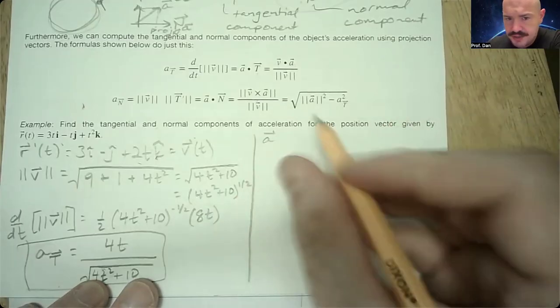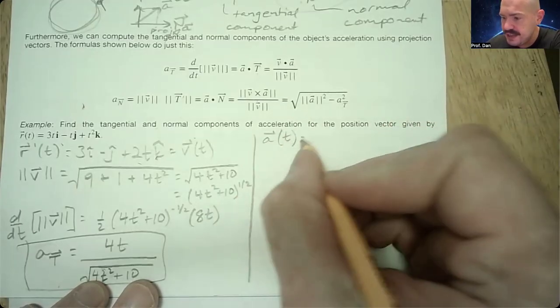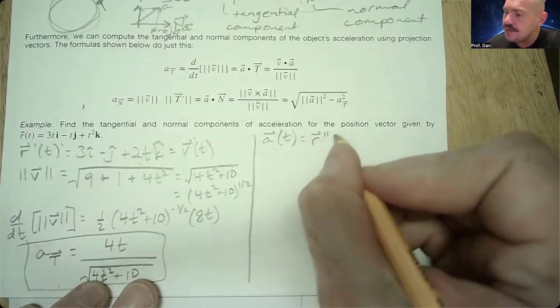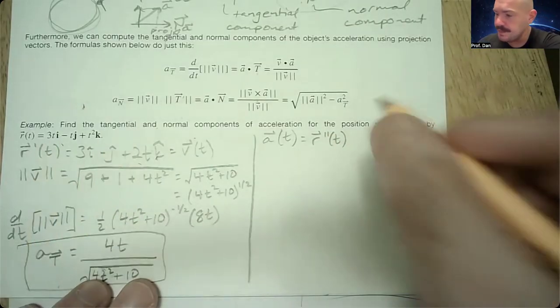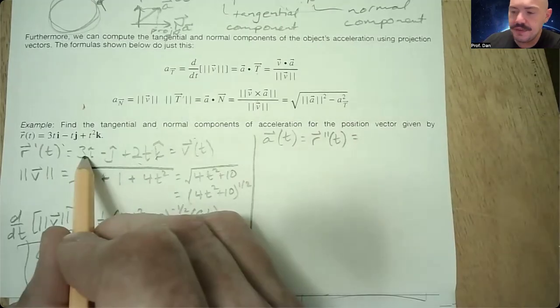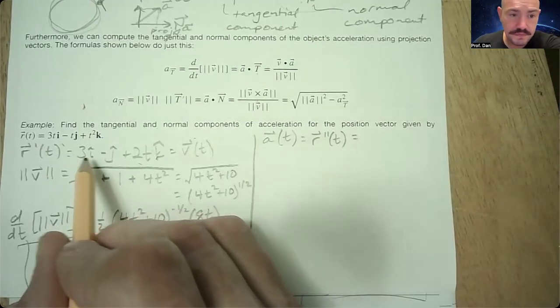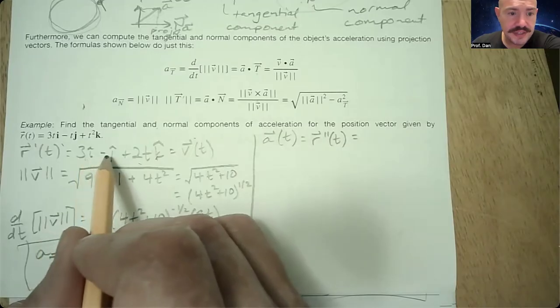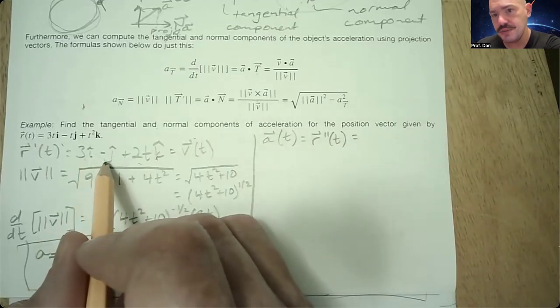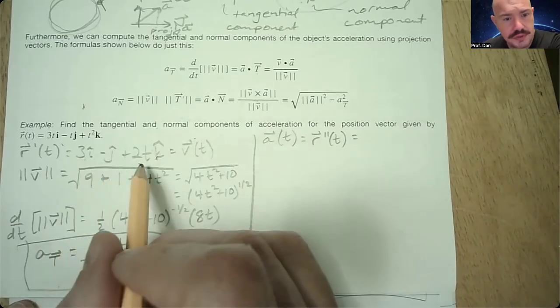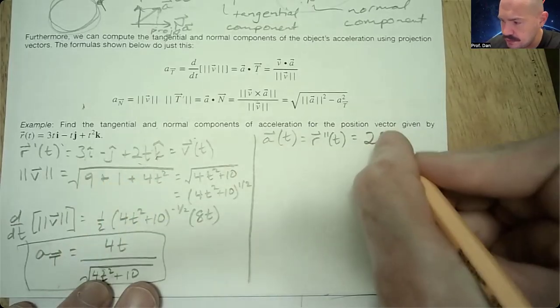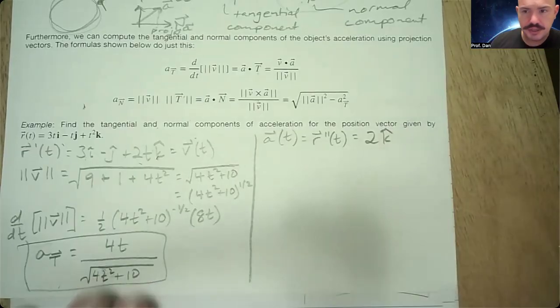The acceleration vector as a function of t is going to be the second derivative of our position. So if I take the derivative of 3, that's 0. So there's no i component. If I take the derivative of -1, also 0, so there's no j component. And then if I take the derivative of 2t, I get 2. So our acceleration vector is 2k.